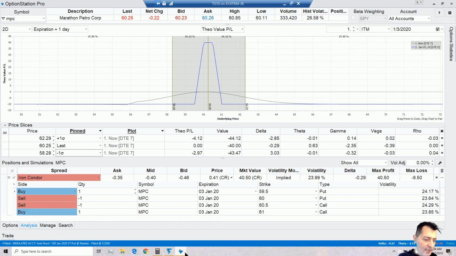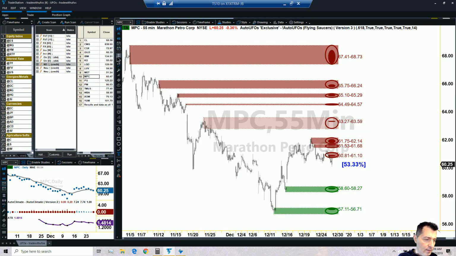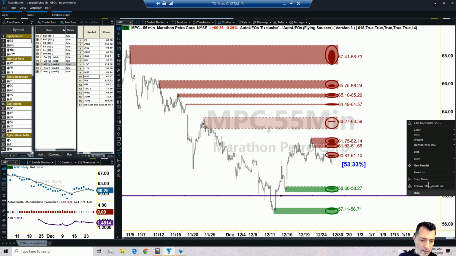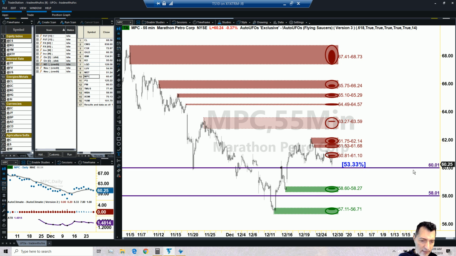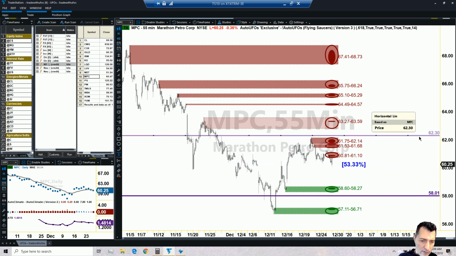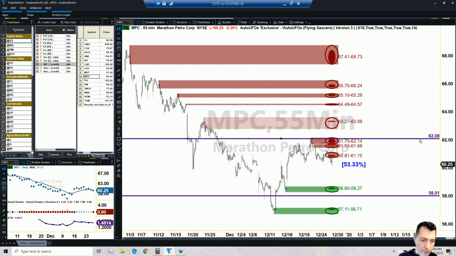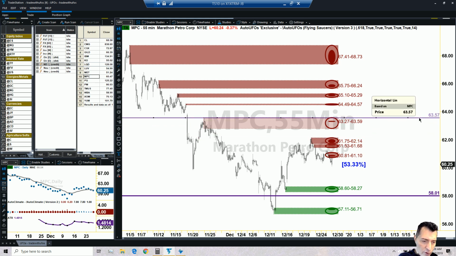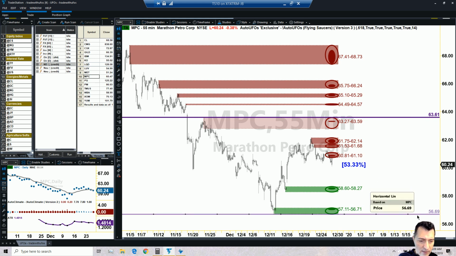So 58 and 62. In other words, we will need to shoot for that UFO and that UFO. That would be the minimum.